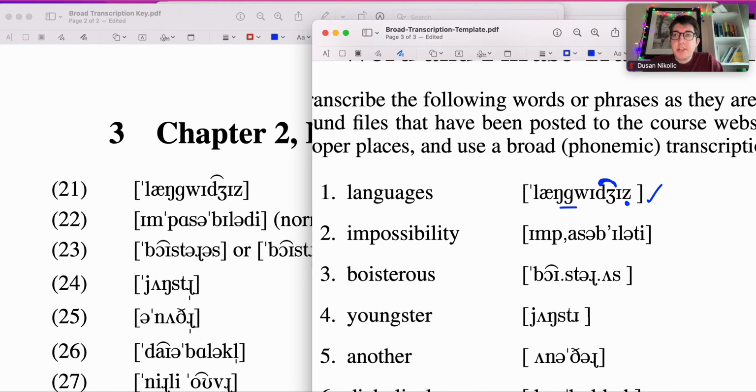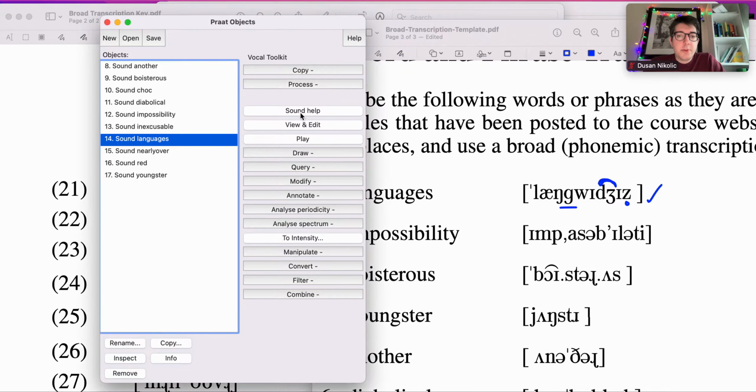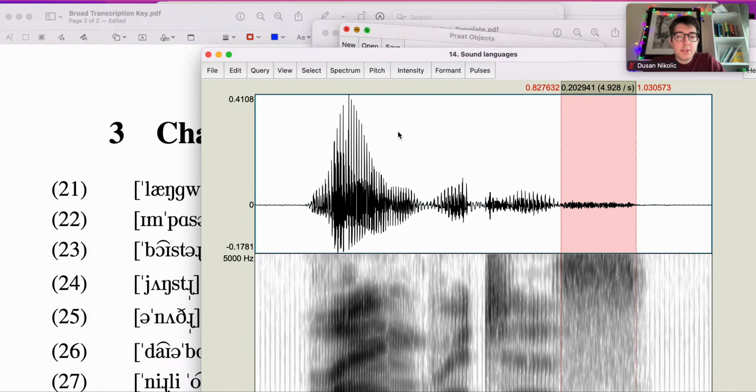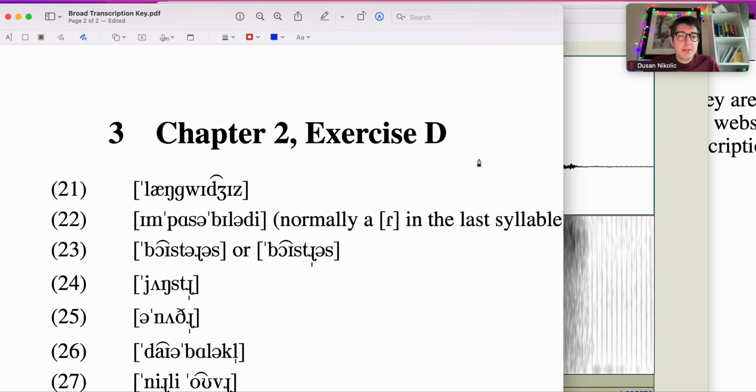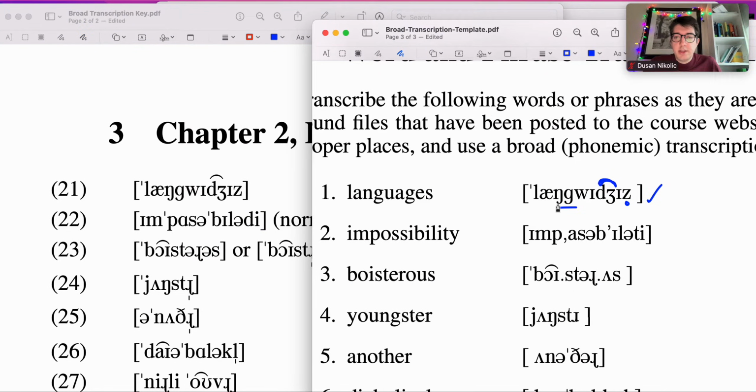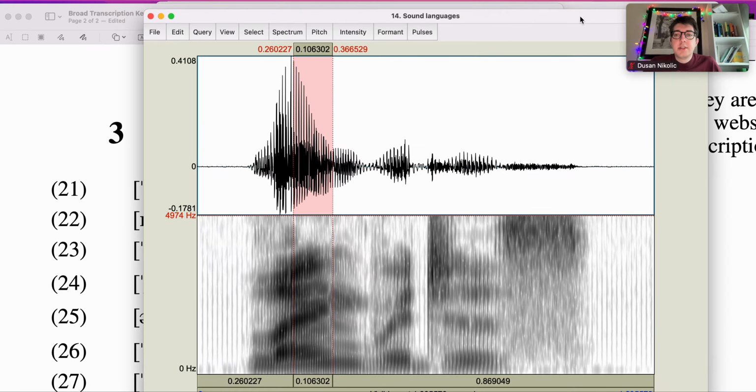Let me see if there is anything else that I thought of mentioning. I don't think so. Maybe here, because of this engma, maybe e should be nasalized a little bit, right?